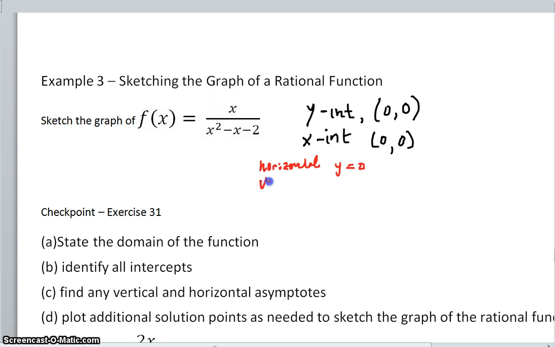Vertical is a little bit different because of the fact that we have a quadratic in the denominator. So I have to look at this and say, well, how am I going to deal with this equaling 0? It's factorable. I can factor this into two different things.